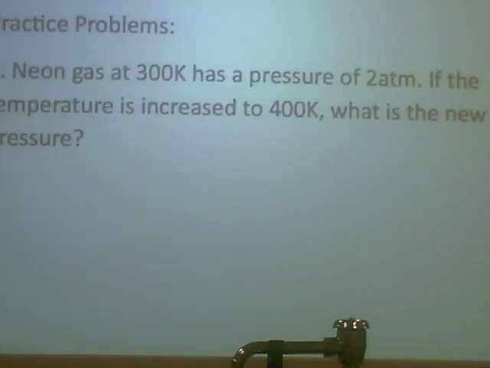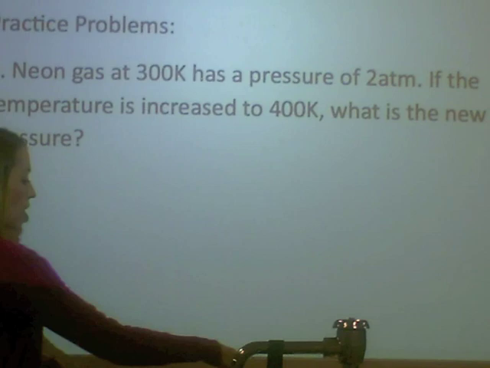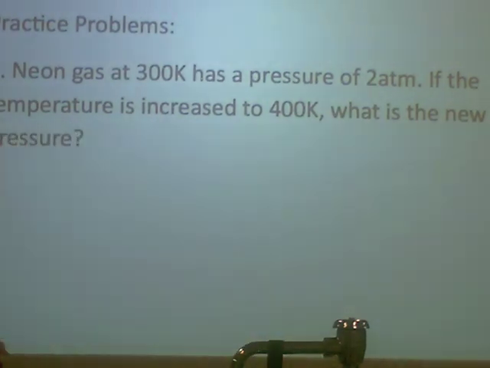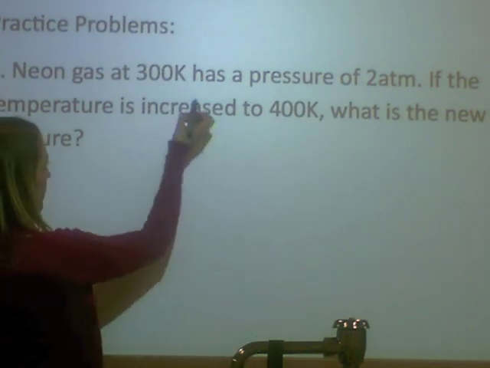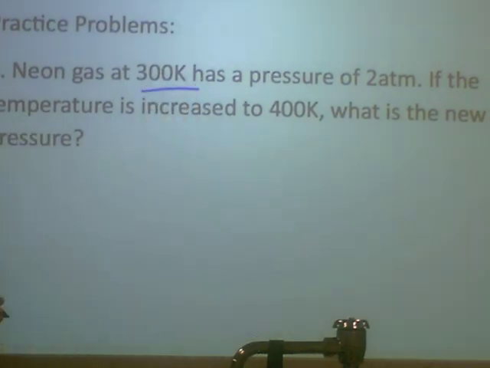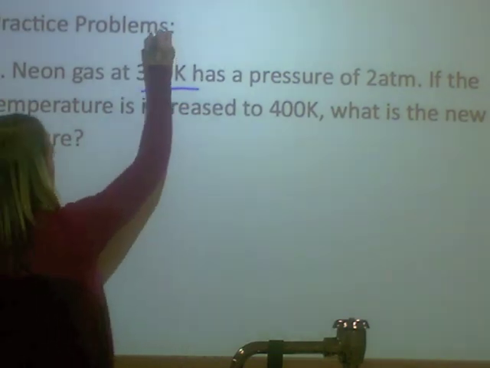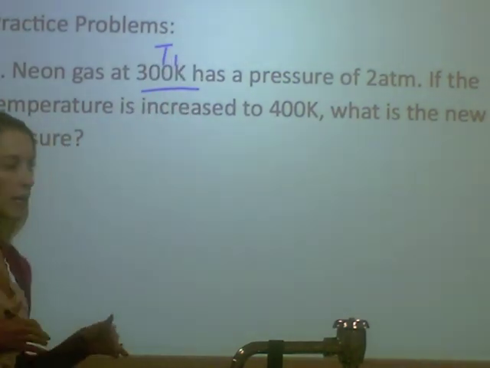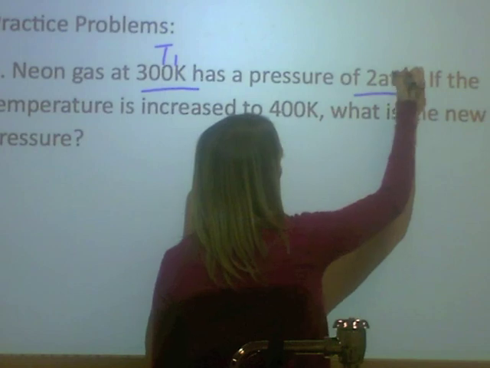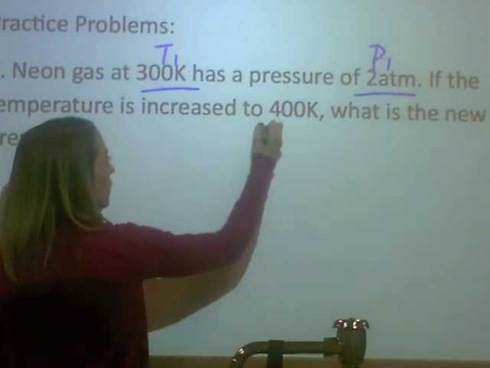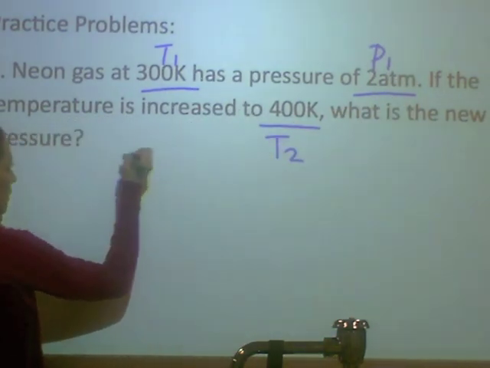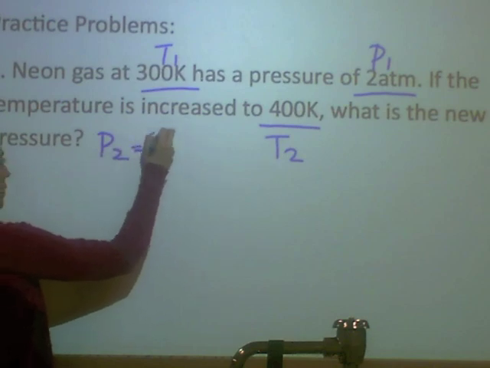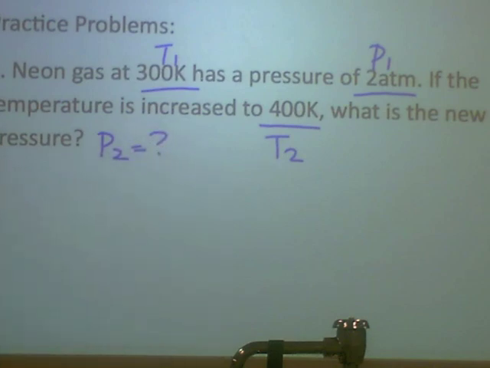So, practice problems to go along with Gay-Lussac's law. Neon gas at 300 Kelvin has a pressure of 2 atmospheres. The temperature is increased to 400 Kelvin. What is the new pressure? 300 Kelvin is my T1, and we're already in Kelvin, so no converting necessary. Initial pressure, final temp, I'm solving for P2. Take my equation, rearrange it.